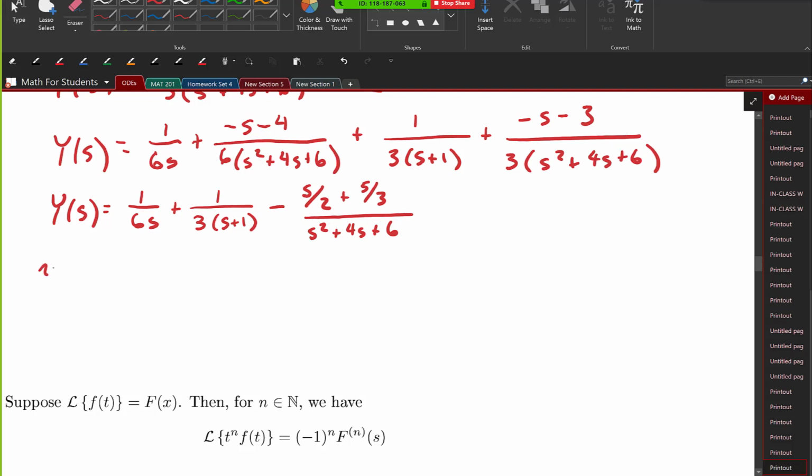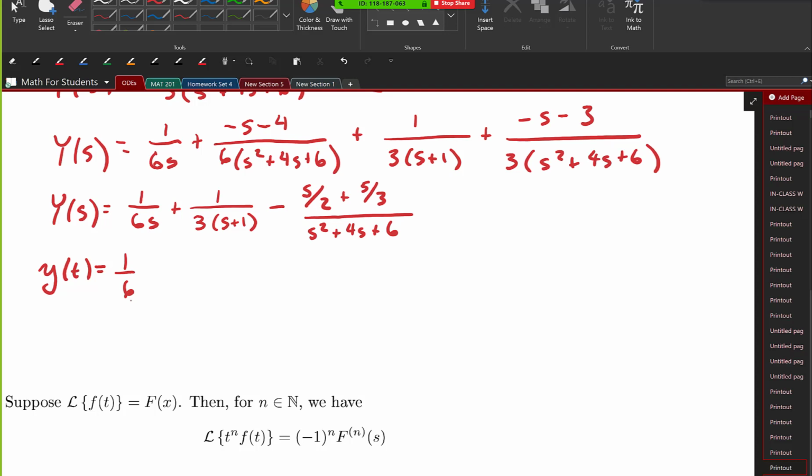So the first one, y sub t, the first one comes out as what? 1/6, right? When I do the inverse transform of 1 over 6s, that comes back as 1/6. Everyone okay with that? Yes. Okay.